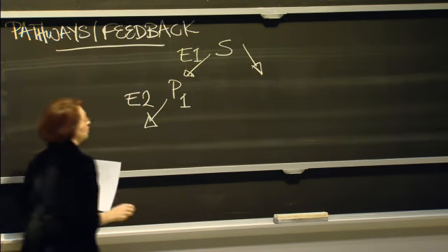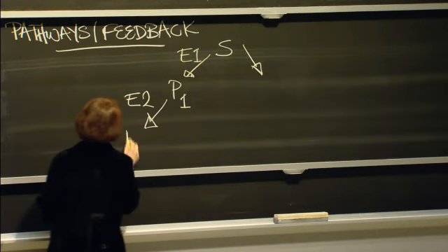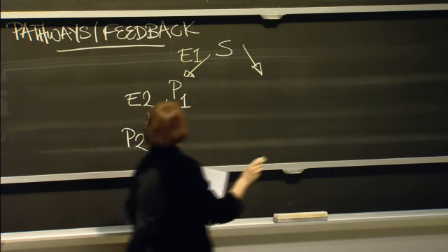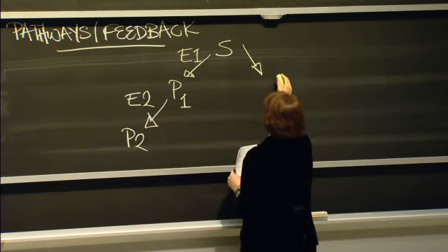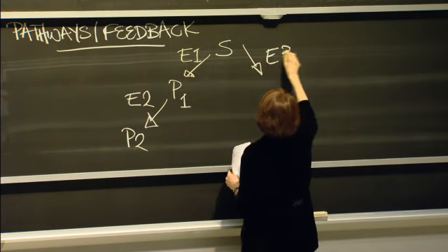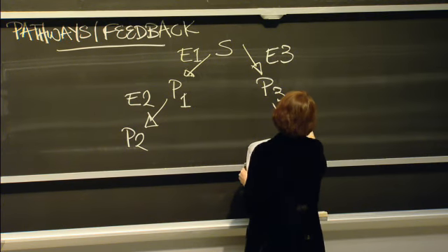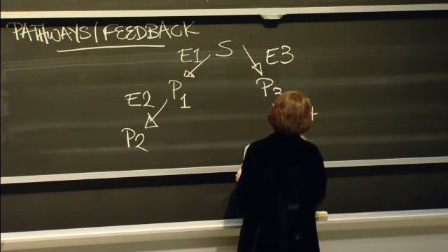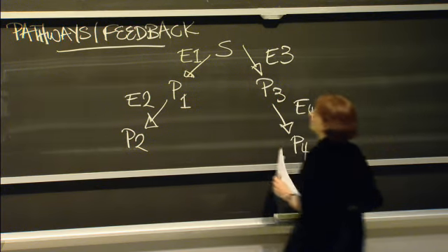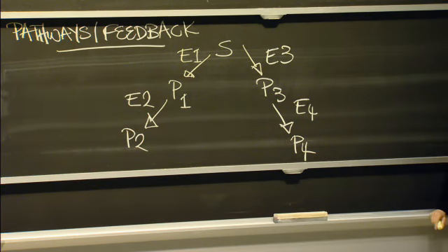And then through the action of enzyme 2 to product 2. And here's a competing pathway where the substrate, through the action of enzyme 3, makes product 3, and then through enzyme 4 action makes product 4. Okay, this is a pathway.